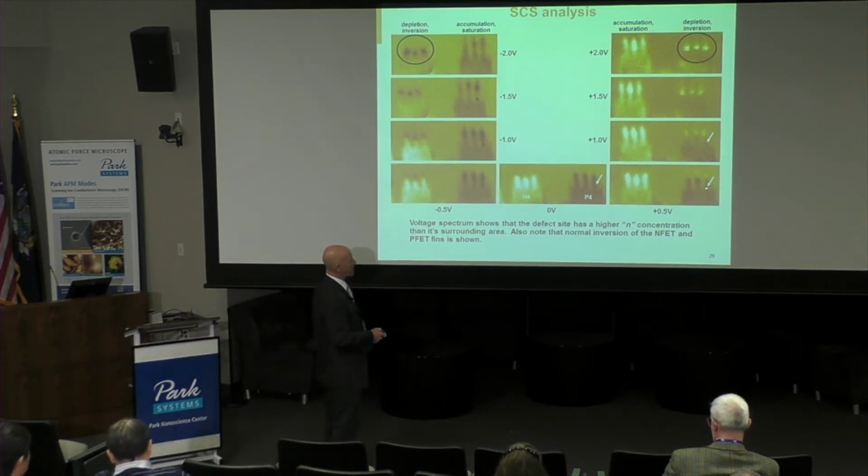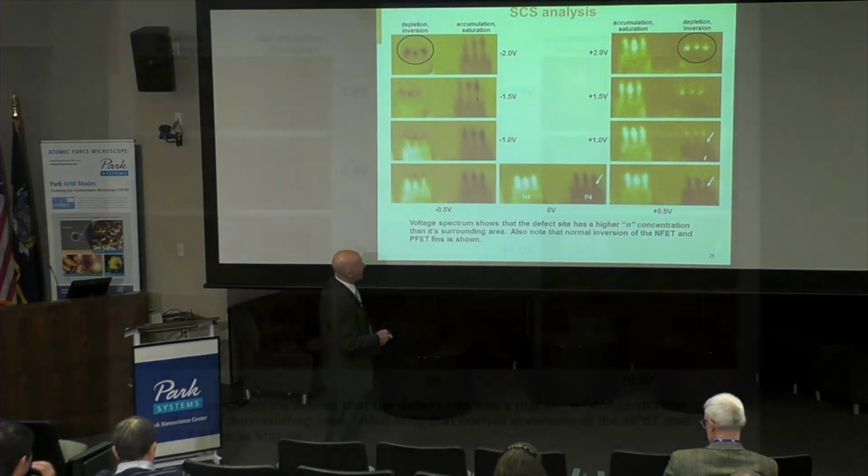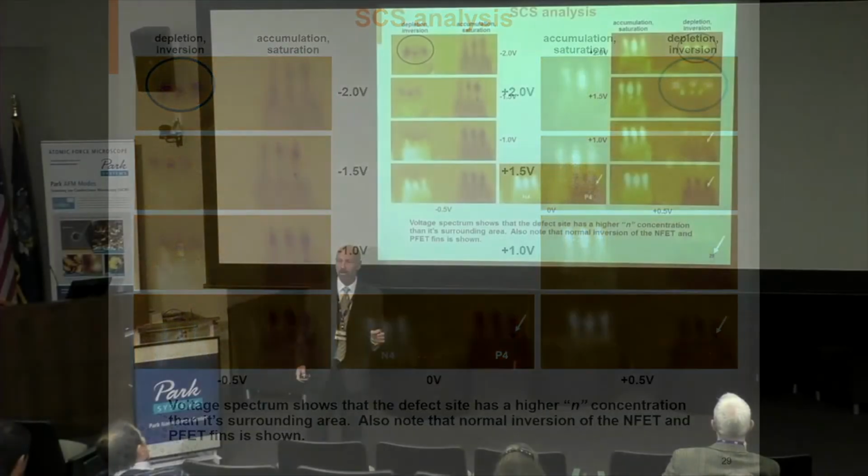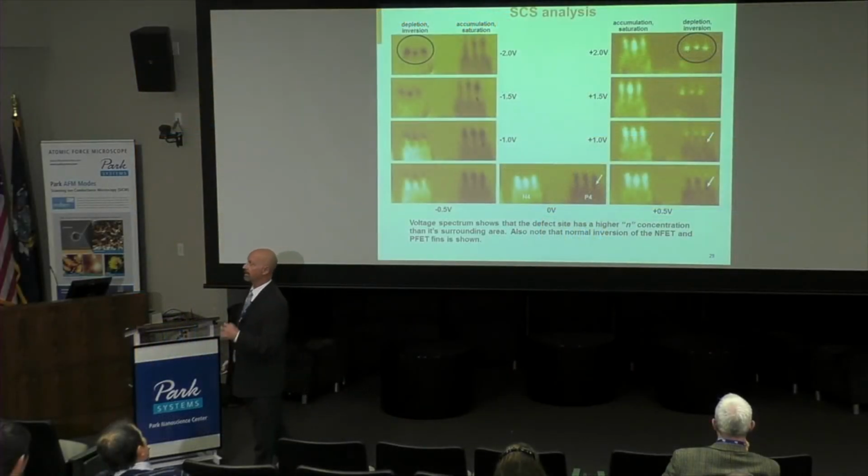Going from 0 in a positive direction, we can see that defect is still there, but the surrounding area is starting to disappear. The surrounding area has disappeared, and our defect is still there, or some evidence of the defect is still there. So that told us conclusively that area had a higher concentration of arsenic and phosphorus than the surrounding area.